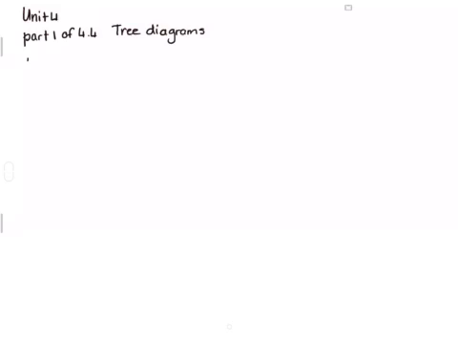So let's assume I have, in a bag, I have 5 blue discs, 3 green discs, and 2 red discs. Right, so just before we start that, let's just quickly think.